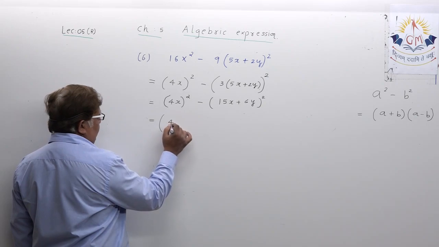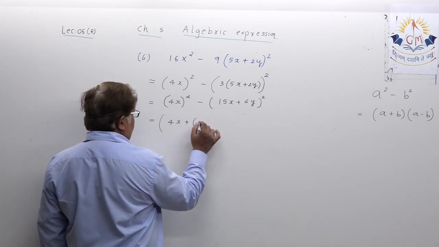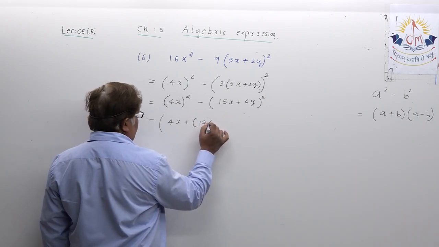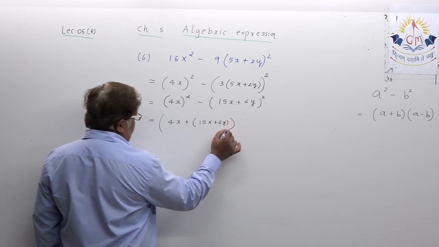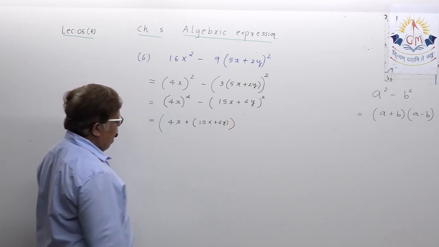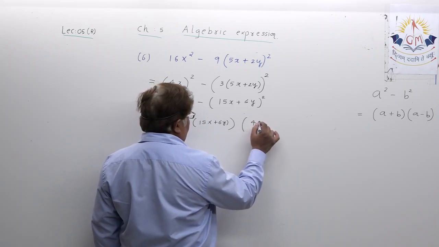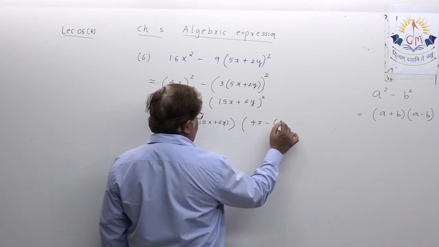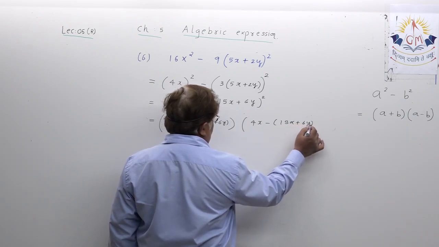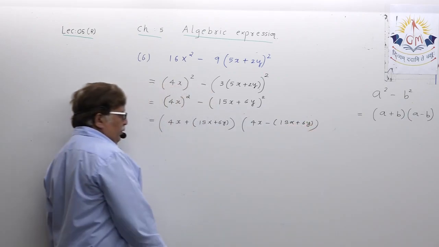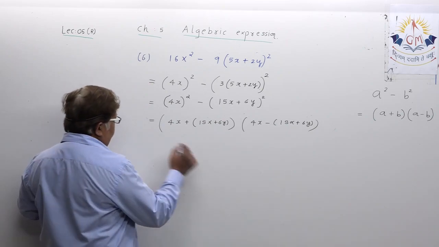Take 1 time plus 4x plus in bracket 15x plus 6y bracket closed. Then 4x minus 15x plus 6y bracket closed and main bracket closed.